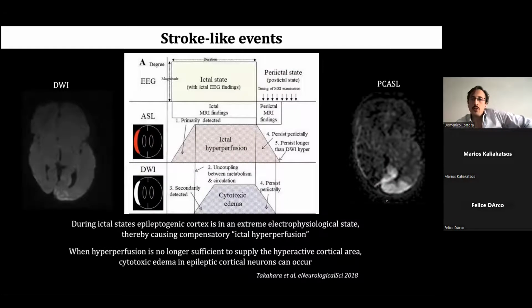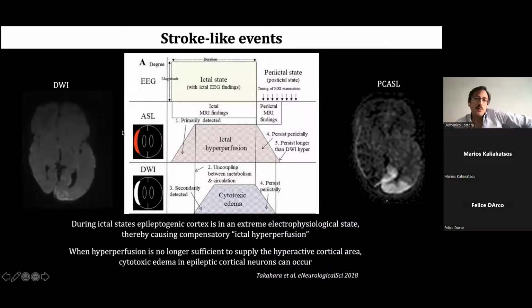ASL is really useful for evaluating patients with epilepsy and seizure activity. In particular, it's important to know that perfusion changes occur in the early stages after the ictal state's onset. After the ictal activity, we usually observe hyperperfusion on ASL.